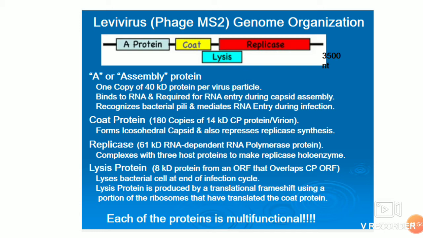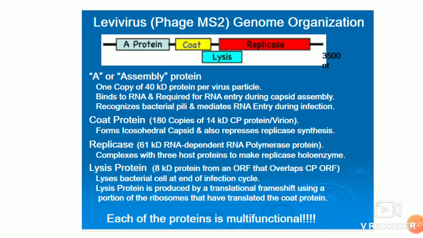It has 4 proteins which are produced from the same single stranded RNA, that is A protein, coat protein, the replicase, and the lysis protein. A protein is an assembly protein, and one copy of this 40 kilodalton protein per virus particle is present. So it has to be highly regulated. You cannot have more A protein produced. It's very interesting how this regulation is happening.